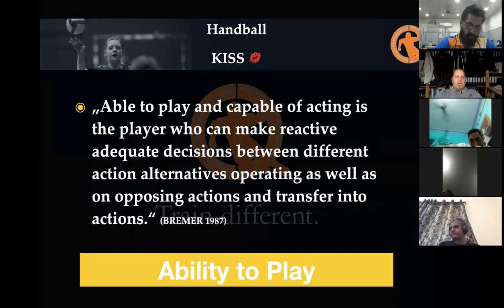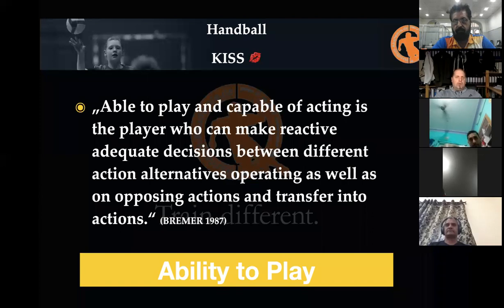So on one side, the player in attack has to have an idea how to solve the situation. But on the other side, this must be combined with the reaction of the opponent, because not every time is it possible to feint and immediately continue in a way. So depending on the opponent's reaction, maybe slower, maybe faster, maybe not reacting, the decisions in attack must be made.